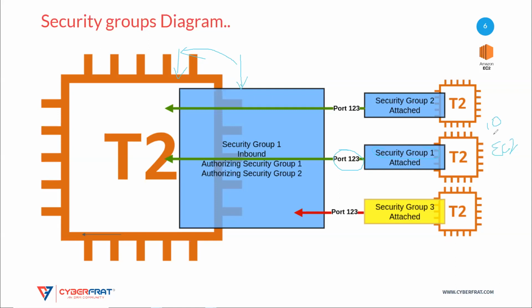These 10 EC2 instances can access this server on port 123 because I have said allow security group 1 resources on port 123. And the same goes for security group 2 as well.